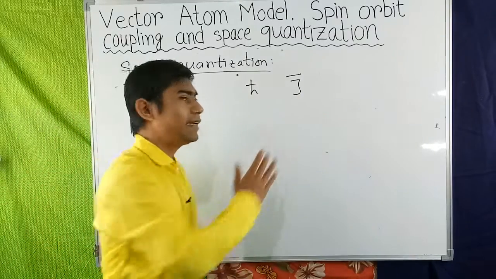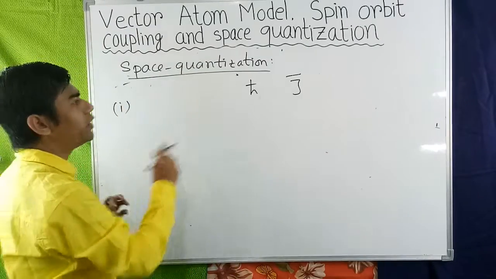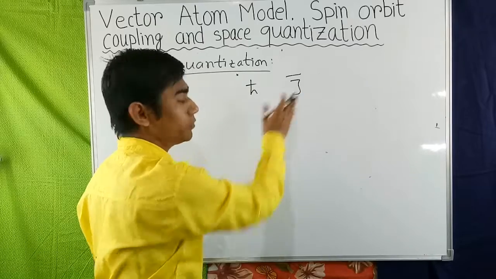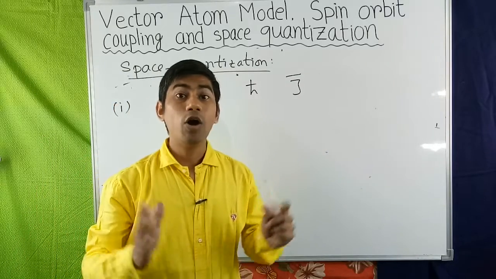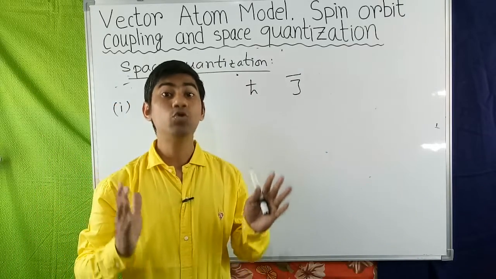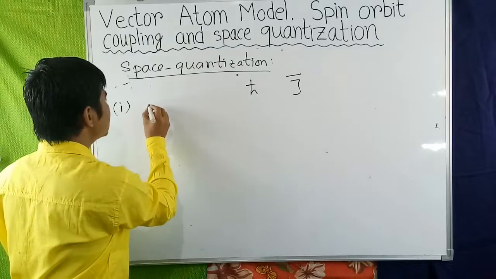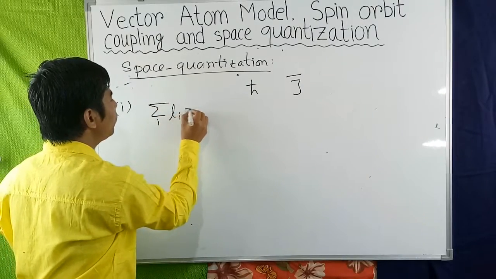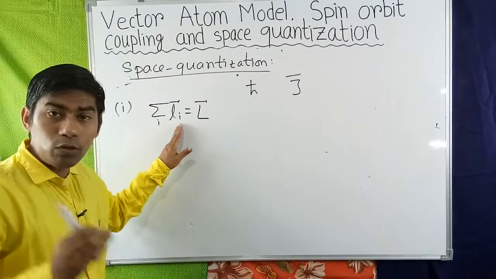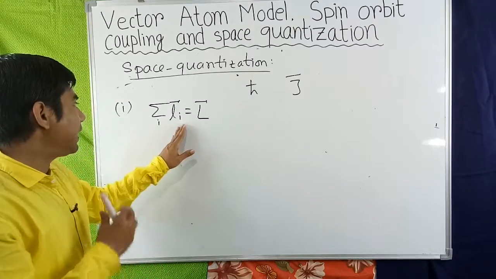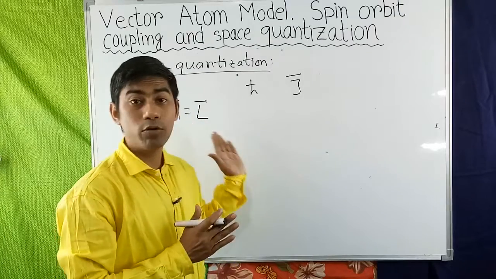The first way to find the total angular momentum J of the atom is that the orbital angular momenta of different electrons are added to produce the total orbital angular momentum of the atom, that is summation over i of Li equals L. Li is the orbital angular momentum of each electron, and capital L vector is the total orbital angular momentum of the atom.